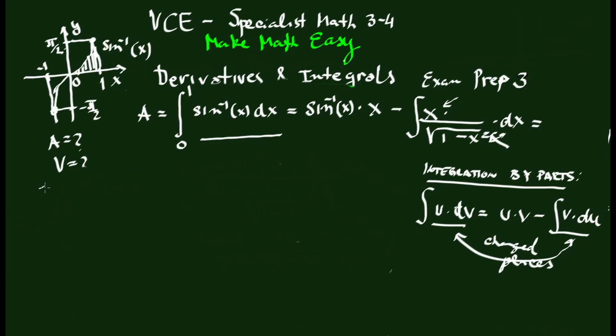So we're going to say our substitution is 1 minus x squared equals u. Therefore du equals minus 2x dx.